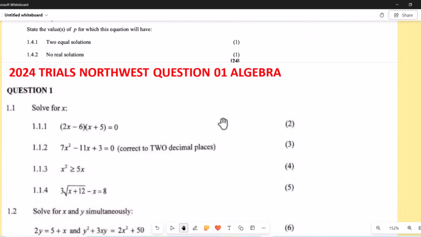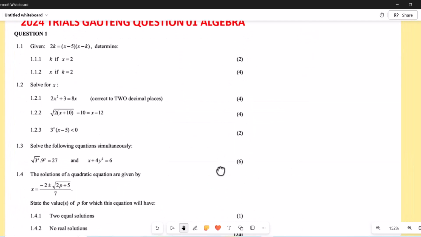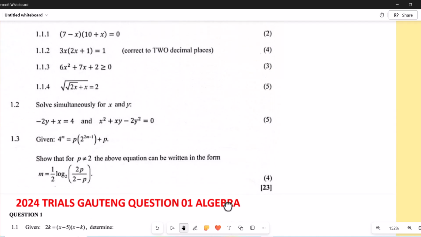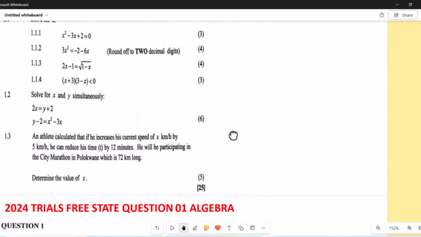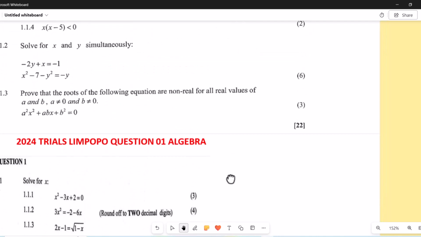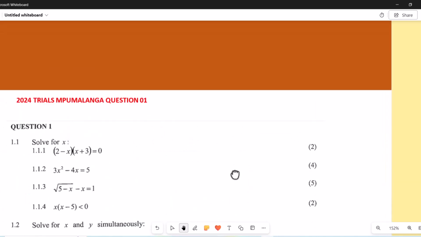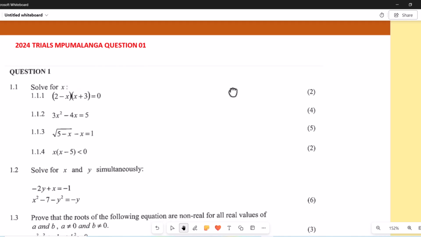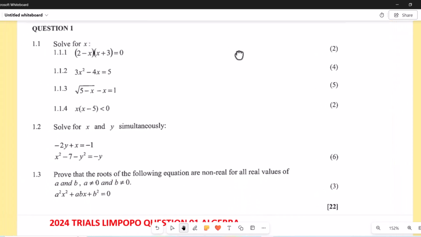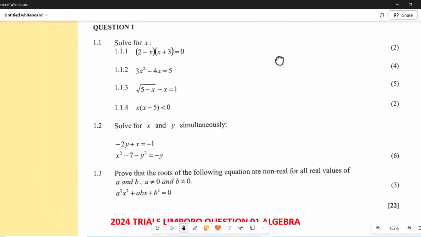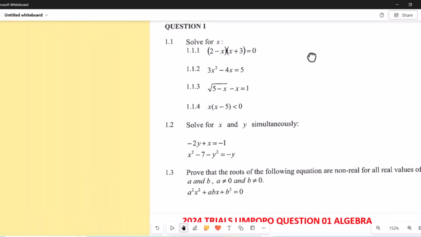So this is question 1 for all the provinces available. We're starting from question 1, which is from Mpumalanga. It says solve for x. That is 1.1.1.